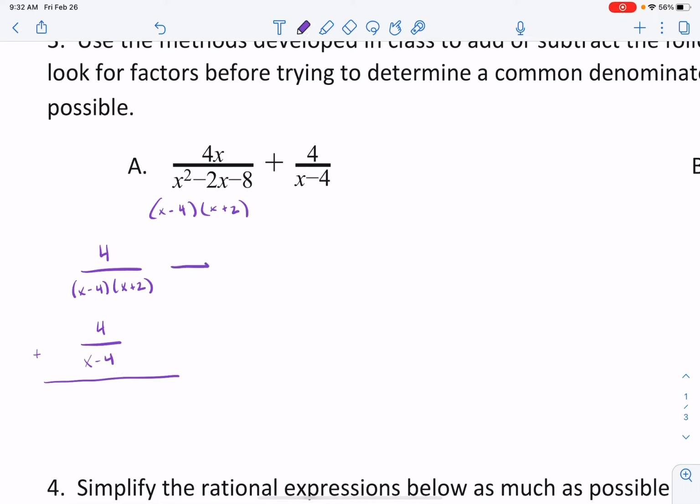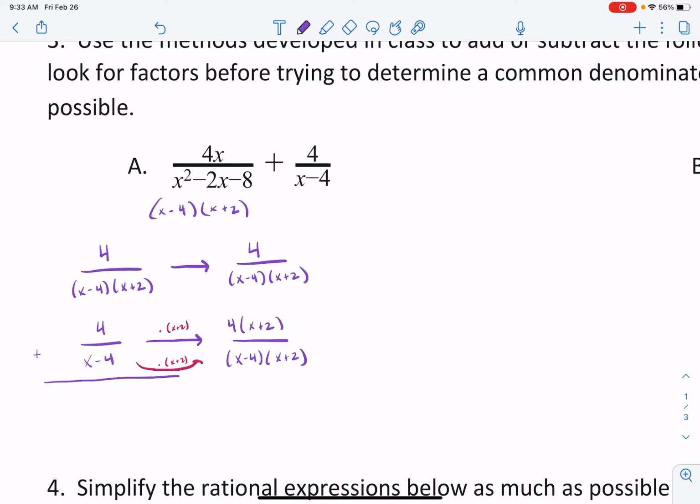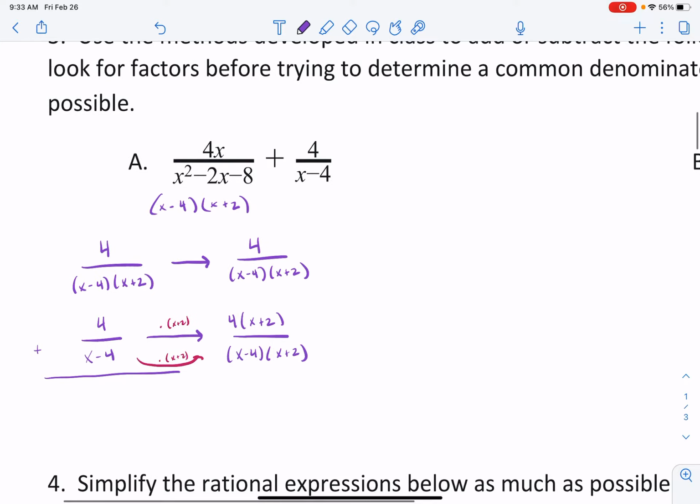So I'm going to leave the top to just be the same. And I'm going to take the bottom. I'm going to multiply both times x plus 2. So that leaves me with 4 times x plus 2 all over x minus 4, x plus 2. Oh, sorry, I forgot the x up here. There we go.